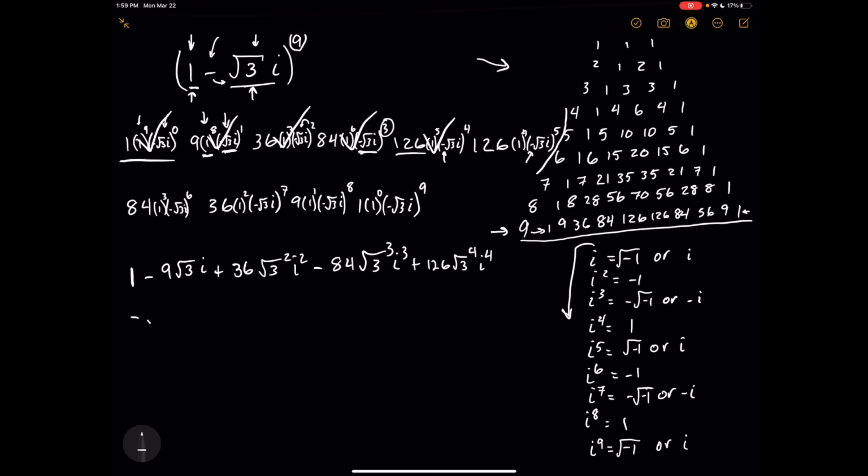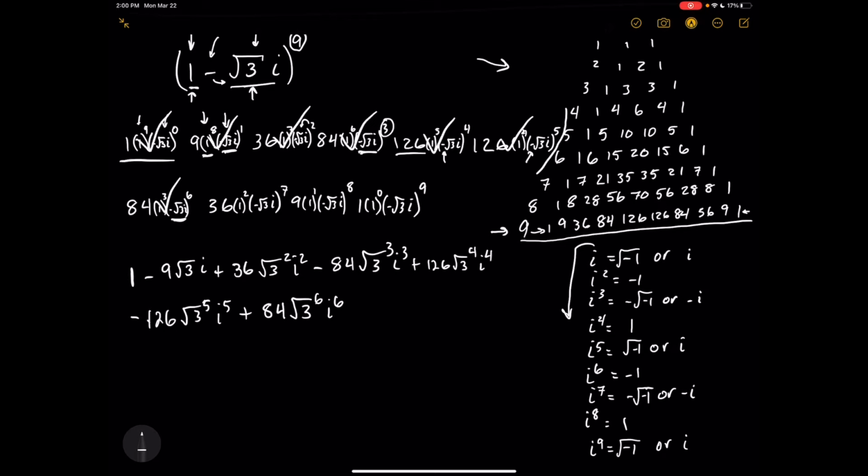So it's minus 126 root 3 to the 5th power, i to the 5th power. Okay, so we're squared away there. Then I've got 84 again with negative with an even power. So it's plus 84 root 3 to the 6th power, i to the 6th power.